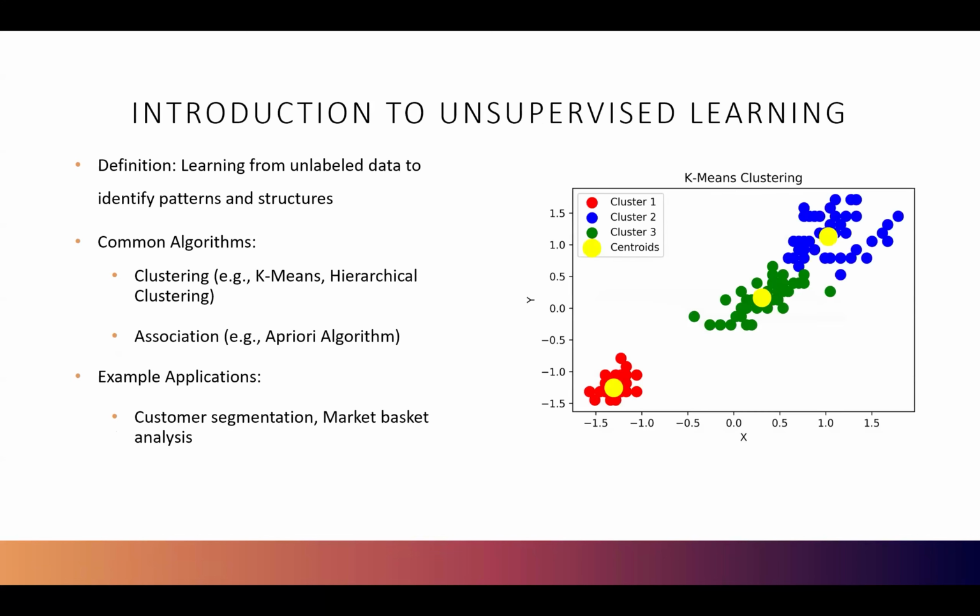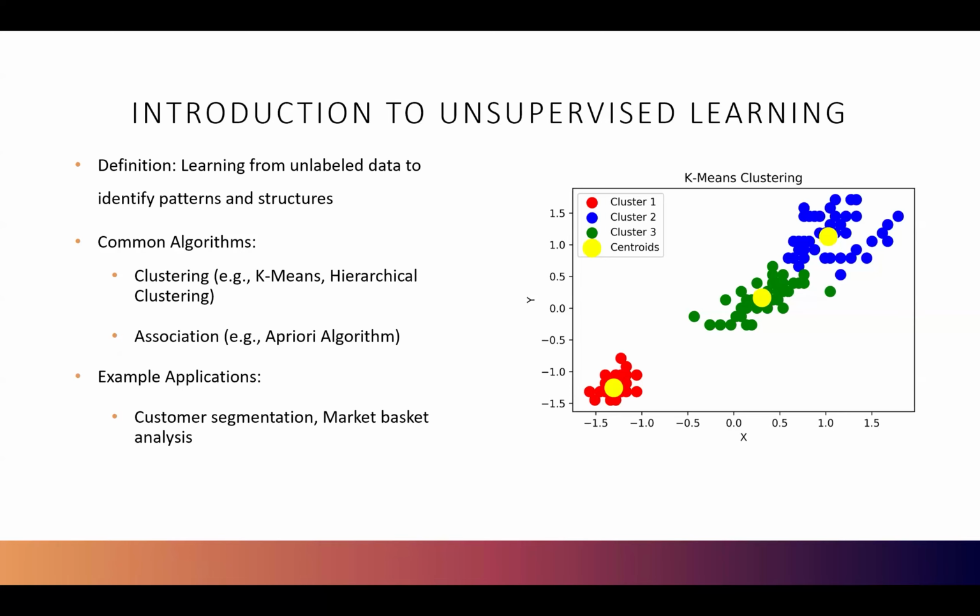Okay, so today for unsupervised learning, what is unsupervised learning, and why is it helpful? Unsupervised learning is learning from unlabeled data to identify patterns and structures. As the name implies, a lot of times with unsupervised learning, we don't really know what the groupings are.